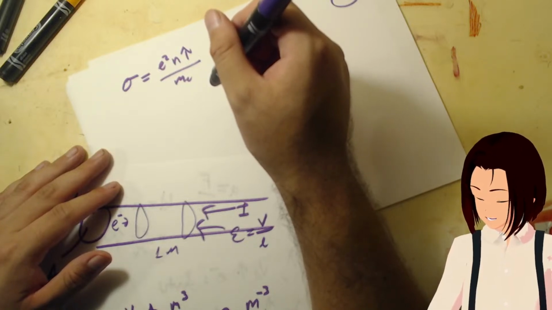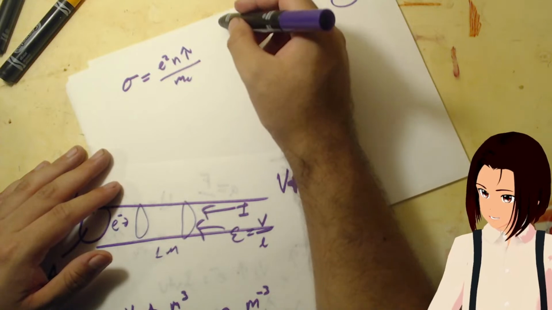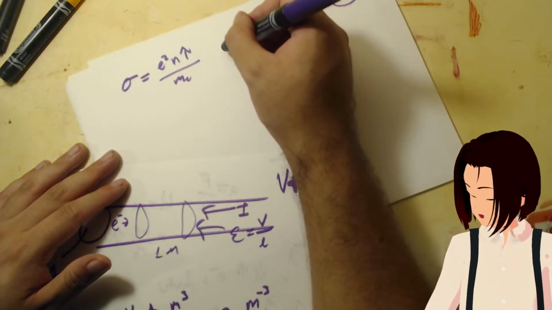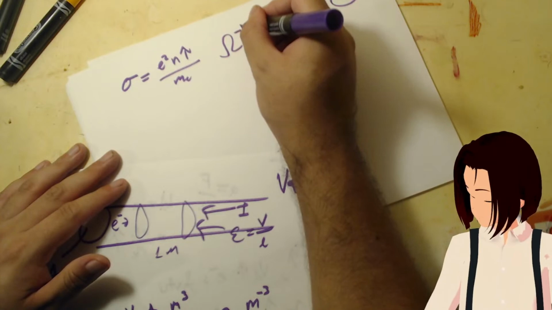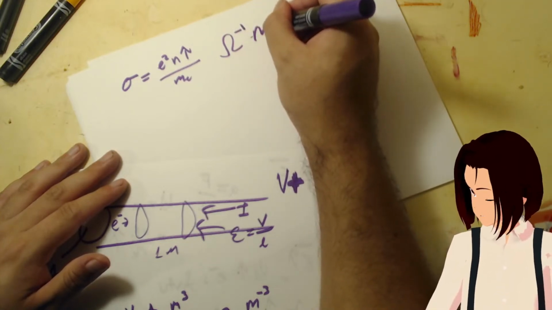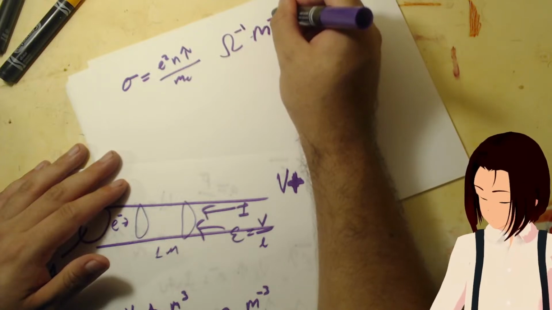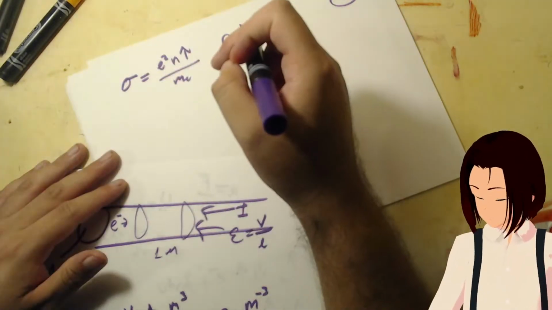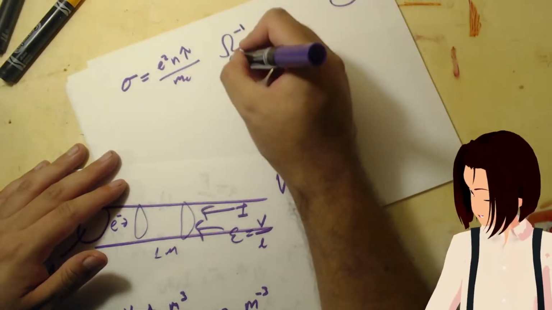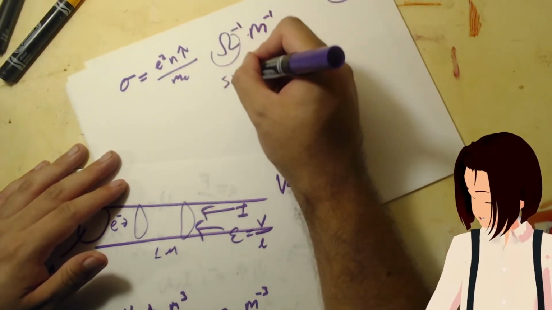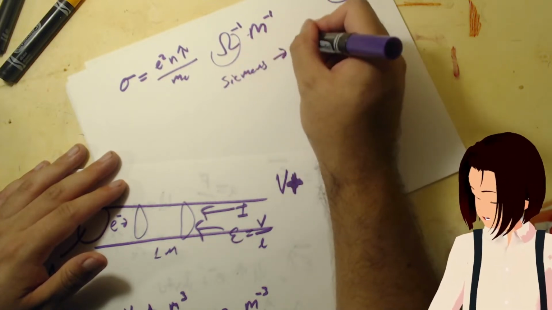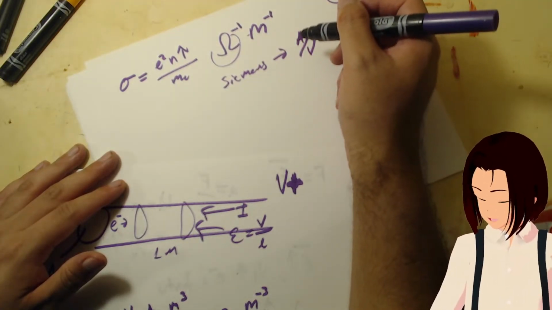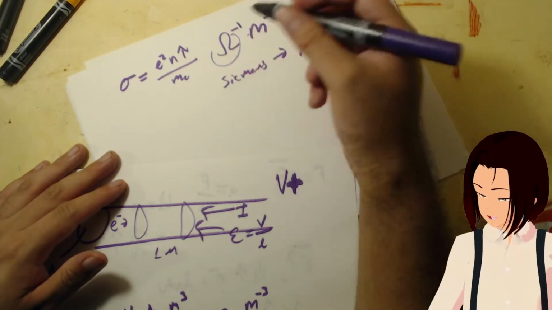The units for conductivity are Siemens per meter, siemens meter to the minus 1, and the Siemens is current per volt.